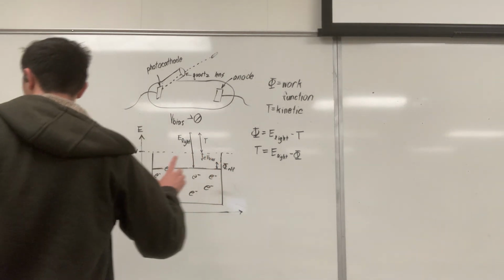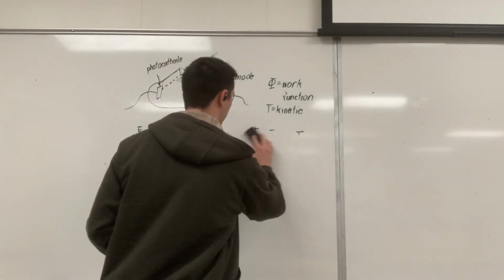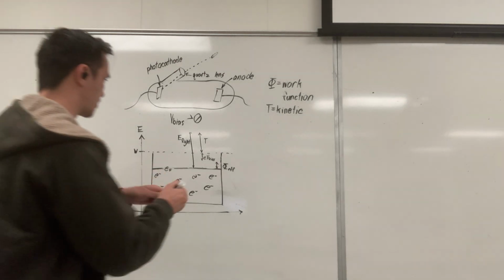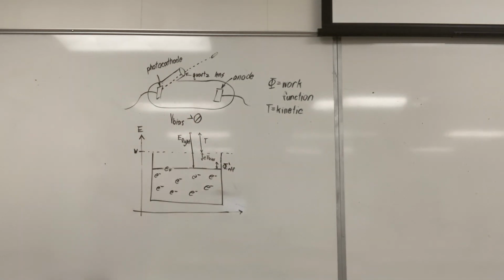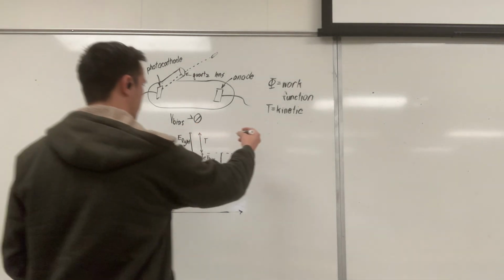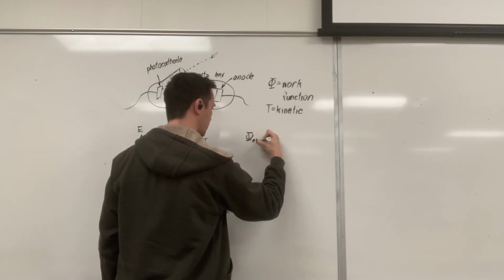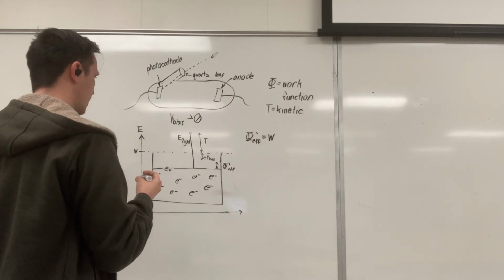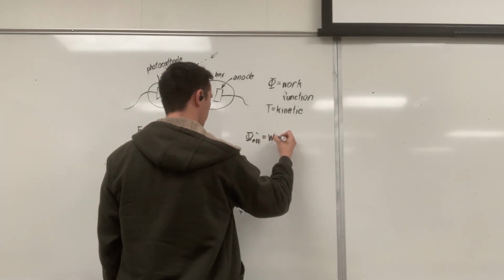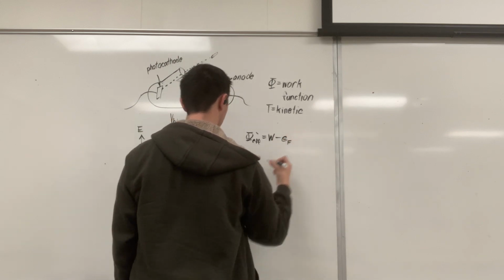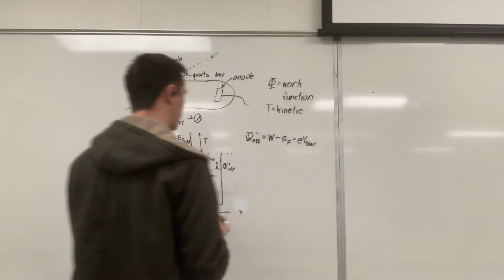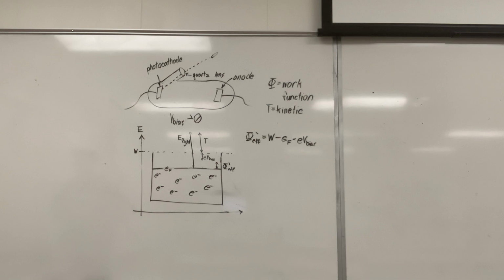So the new expression in case 2 to describe this situation mathematically is that the effective work function, which I'm actually going to give a prime as well, is equal to the total energy of the lattice, which we've called W, minus the Fermi energy and minus the charge of the electron times the bias voltage.